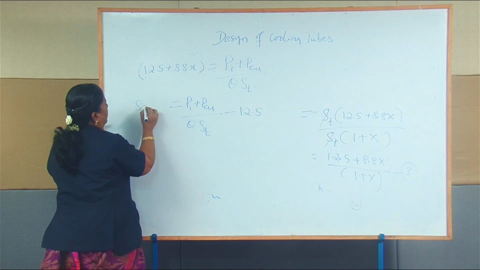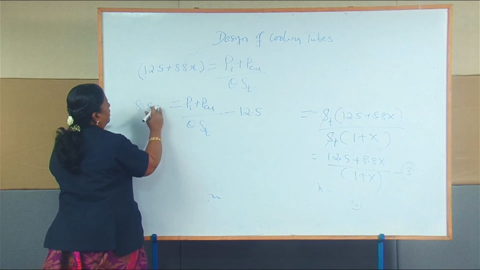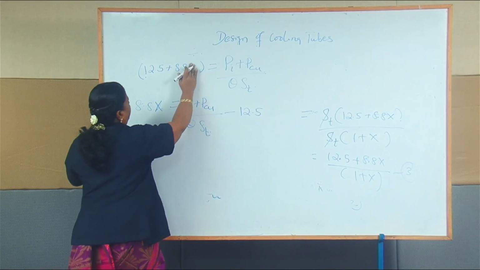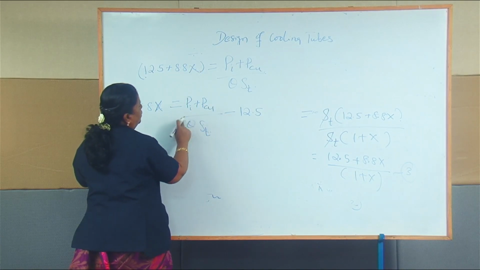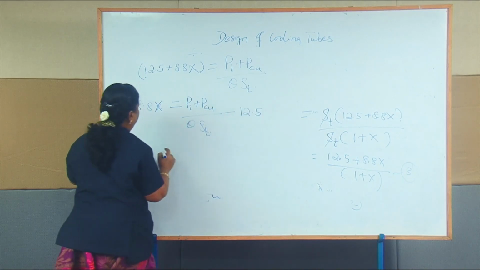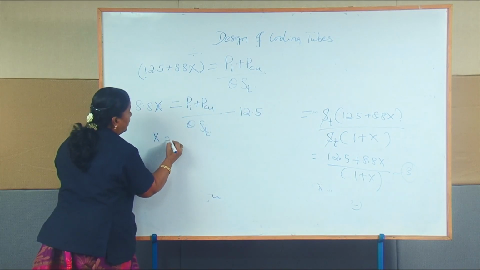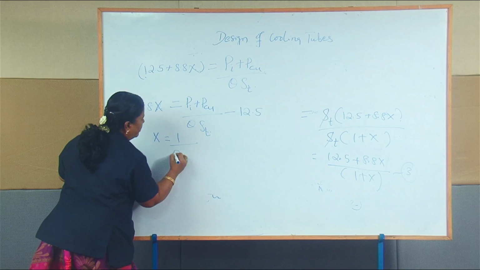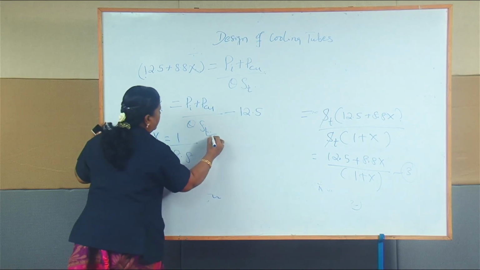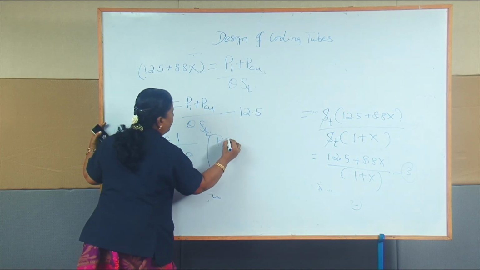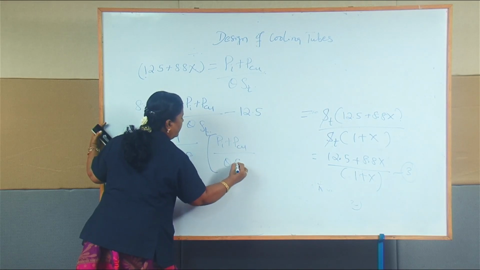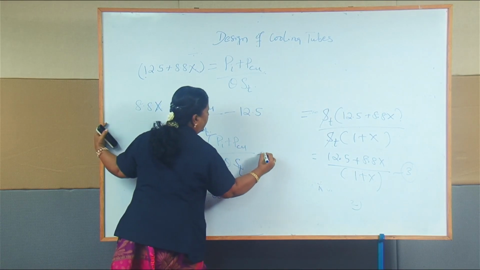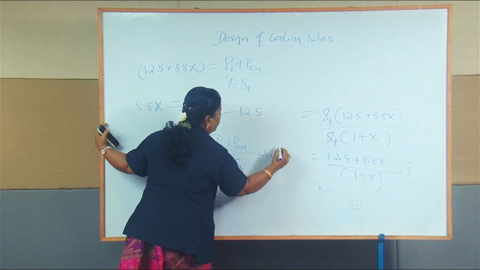So 8.8x is equal to Pi plus PCU divided by theta S suffix T, minus 12.5. So what is x now? x will be equal to 1 divided by 8.8, in bracket, Pi plus PCU divided by theta S suffix T, minus 12.5.